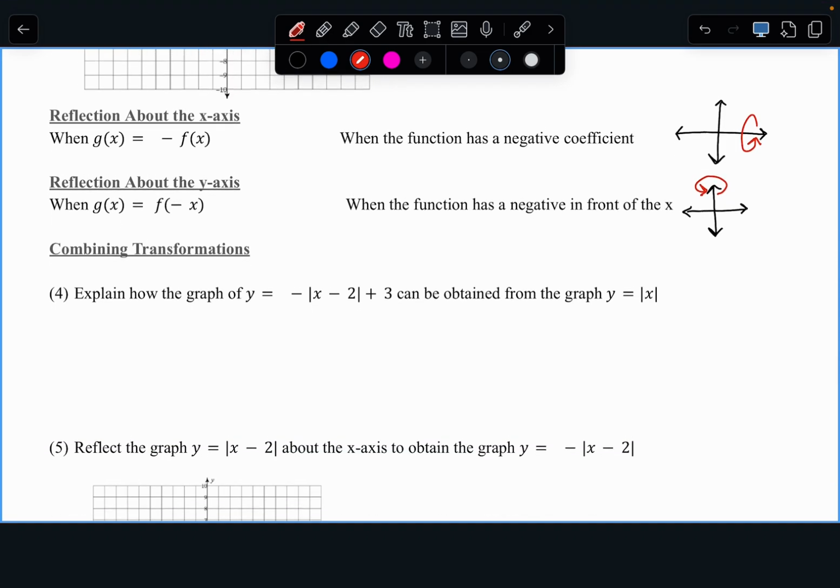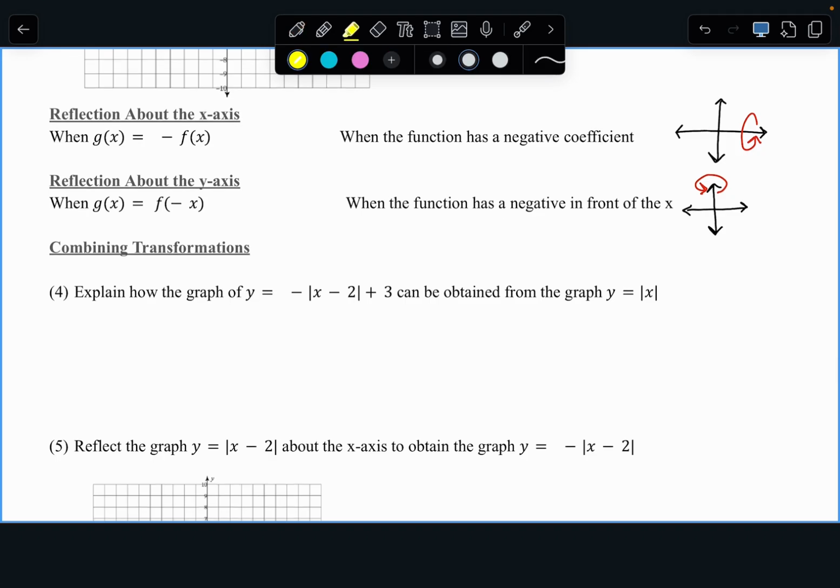So let's describe each of the transformations. There's 1 transformation, 2 transformations, 3 transformations. What is happening with the first one? When it's in front and not inside.